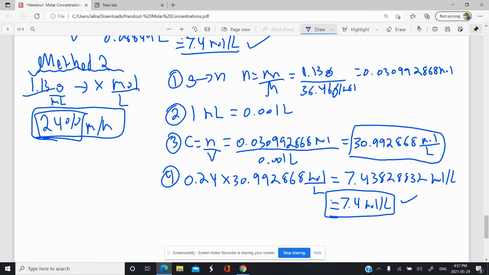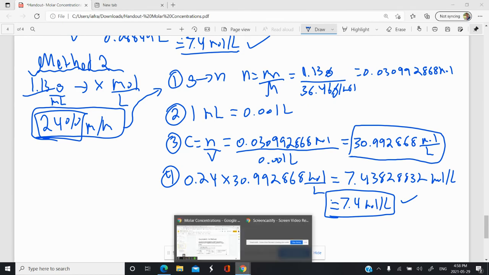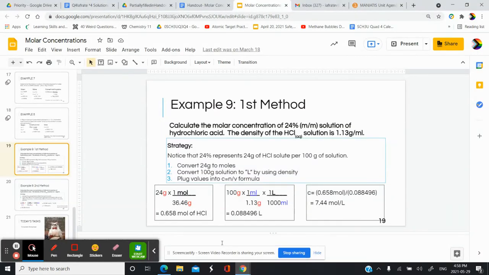We just converted the 1.13 grams into moles. Now what I should have done is probably applied the 24% earlier on, because we actually only have 24% of it by mass, and then continued the rest from there. So I would have had one less step to do over here. This should have been applied when I did my mass calculation, and then I wouldn't have had to do step 4 because it was embedded in step 1.